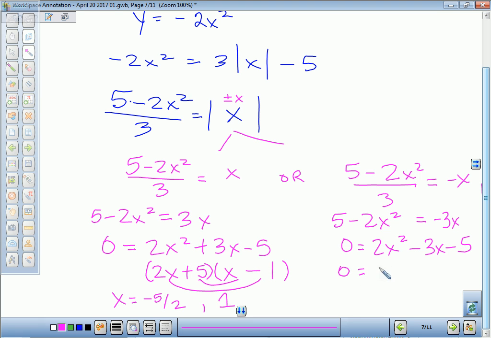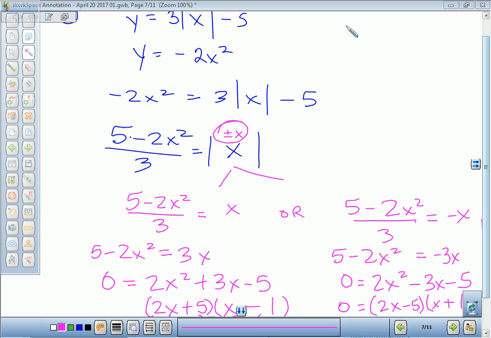This factors to a 2 and a 1. And I need a negative 5 and a positive 1. So I get positive 5/2 or negative 1. Did I get the opposite? Yes. I knew it. Okay, so we have 4 possibilities. x equals positive or negative 1 or positive or negative 5 halves.